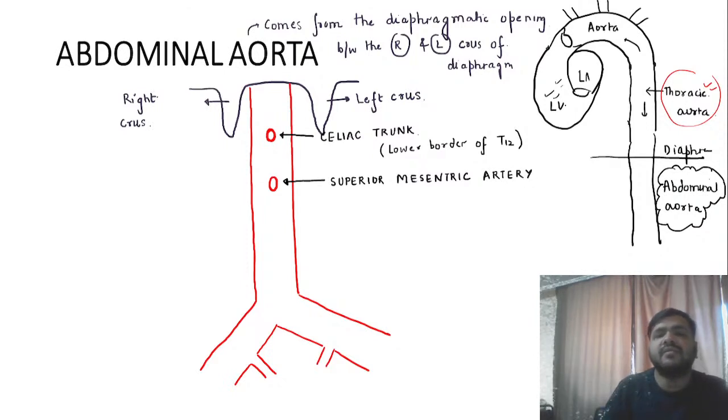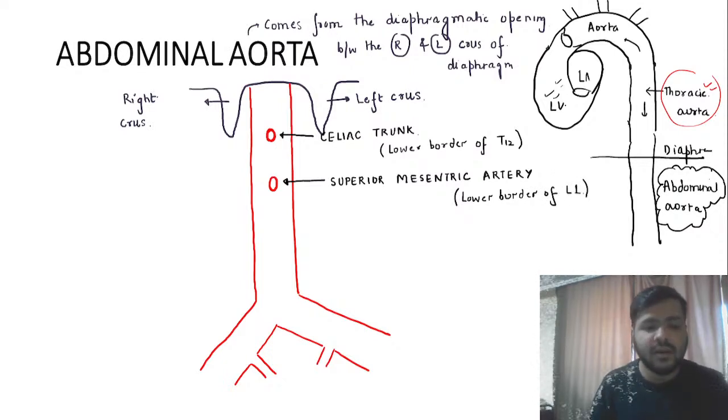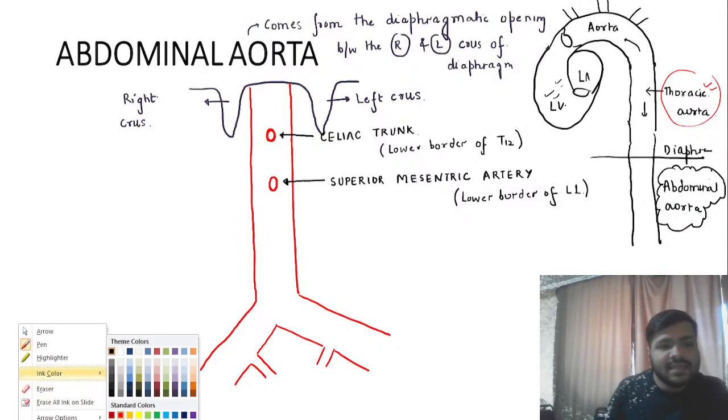Now, the superior mesenteric artery is at the level of the lower border of lumbar 1 vertebra, the lower border of the L1 vertebra. And one anterior branch more we have.